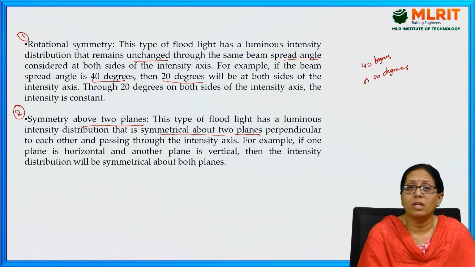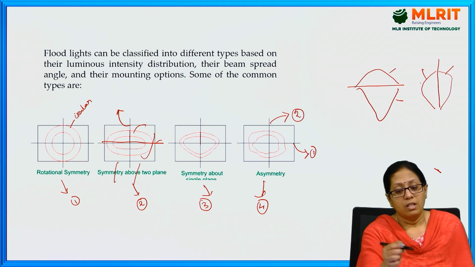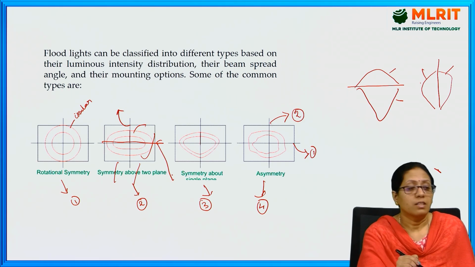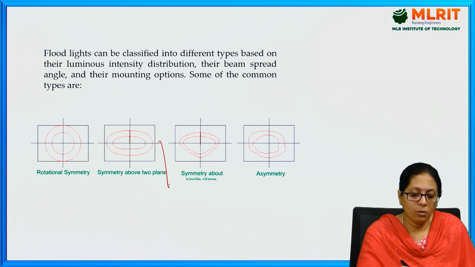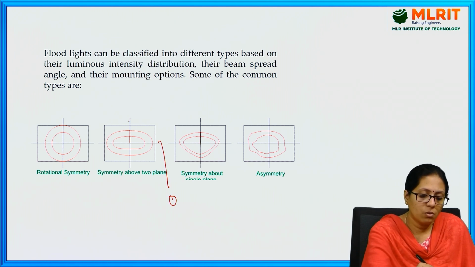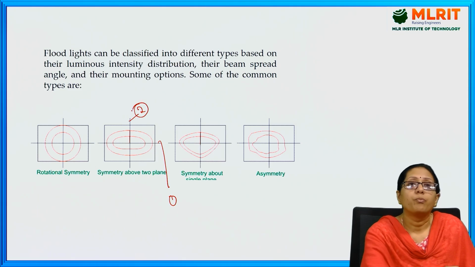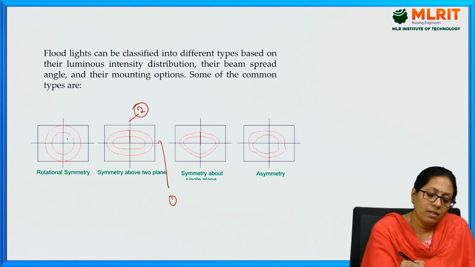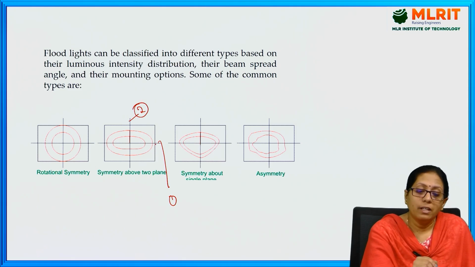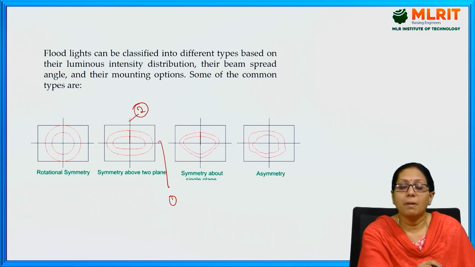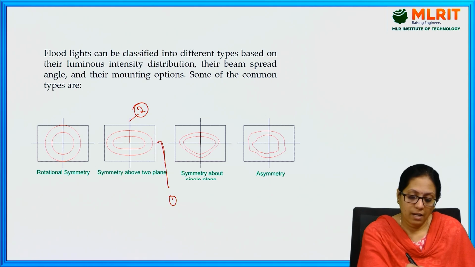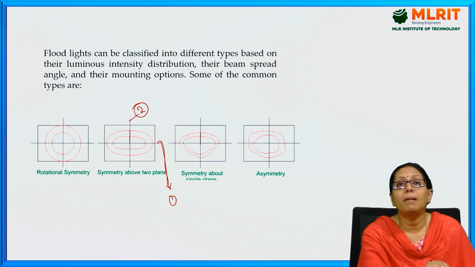In the picture you can see here, this is the x-axis, this is your plane 1, this is your plane 2, and for plane 1 as well as plane 2, it is symmetrical. The floodlight intensity is symmetrical when we see through plane 1, or if we want to see through plane 2.